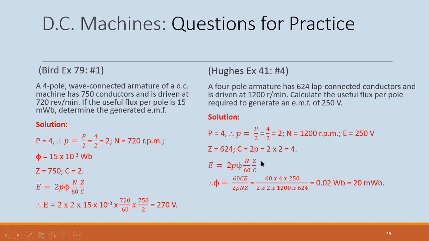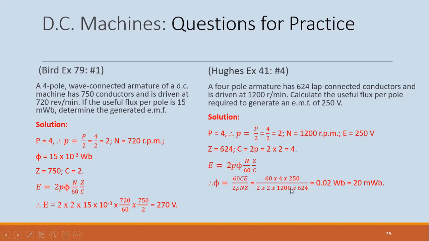All right, so again, substituting. So E is equal to 2P phi capital N over 60 times Z over C. And we substitute the data to make phi the subject of the formula.